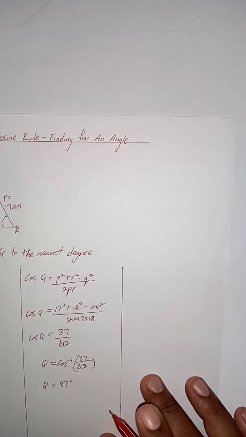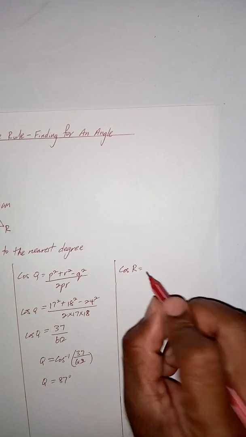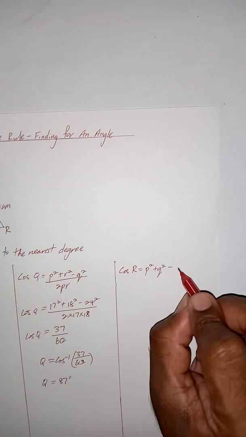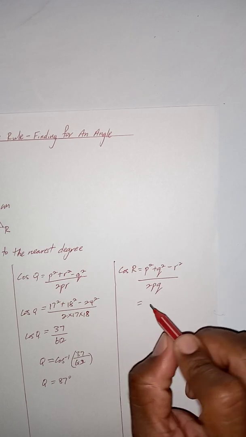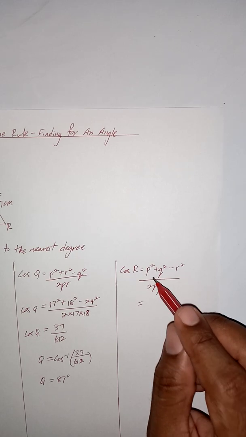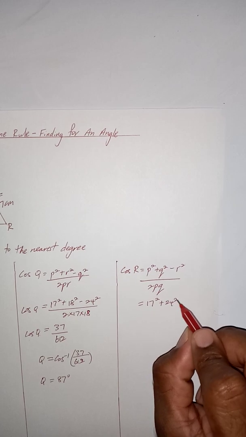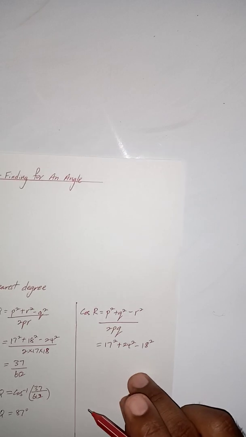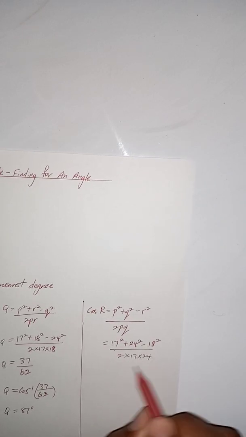Alright, the final angle. Cos R equals P square plus Q square minus R square over 2PQ. Good. P in this case is 17, so that is 17 square plus 24 square minus 18 square, all over 2 times 17 times 24.